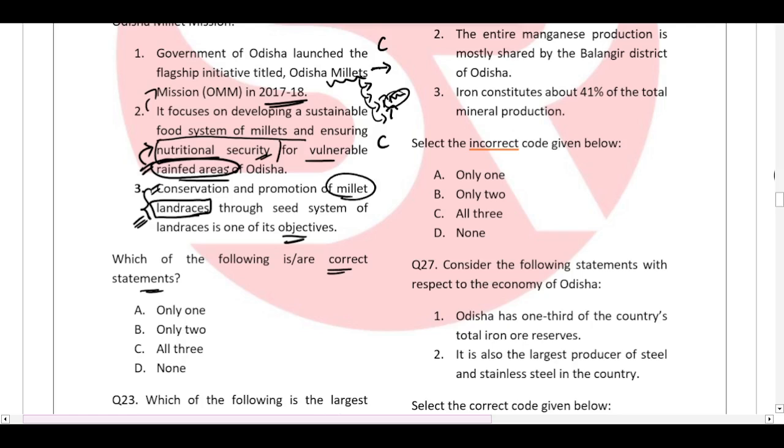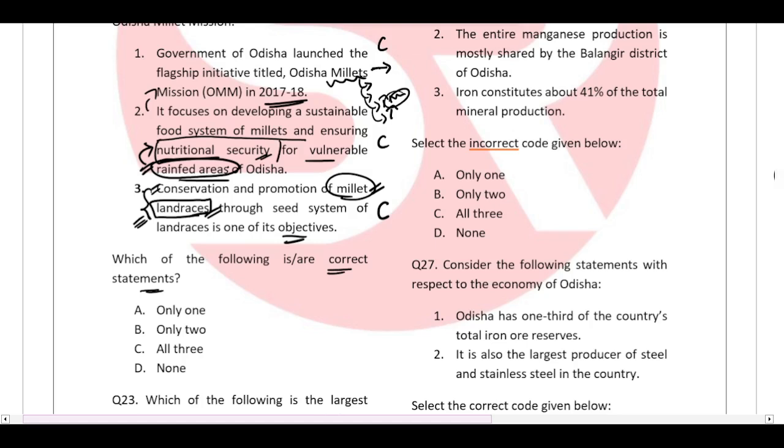These millet plants are well suited to the local climatic and environmental conditions of Odisha, so they will grow well and give more productivity. If you don't conserve them, they'll be exploited and lost. That is why one of the objectives is to conserve the local varieties well suited to the local environmental conditions. So this option is also correct.